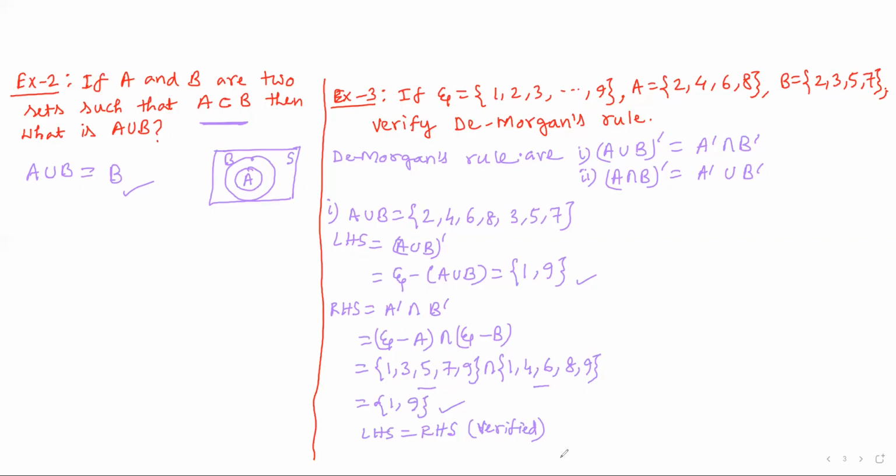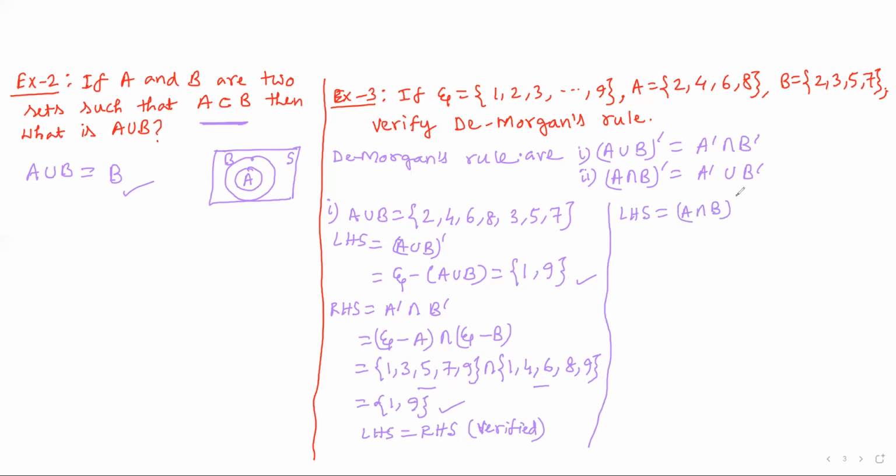First rule is verified. Now I will verify the second rule. For the second rule, what is the left hand side portion? The left hand side portion is A intersection B whole complement.